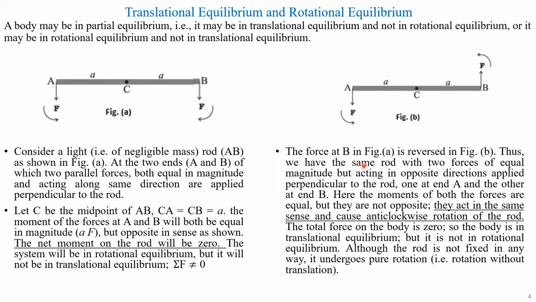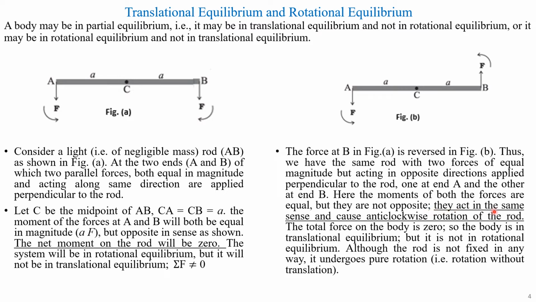Thus, we have the same rod with two forces of equal magnitude but acting in opposite directions applied perpendicular to the rod. So, F is perpendicular but its direction is reversed, one at the end A and the other at the end B. Here, the moments of both the forces are equal because C is the central point. They are equal, but they are not opposite.